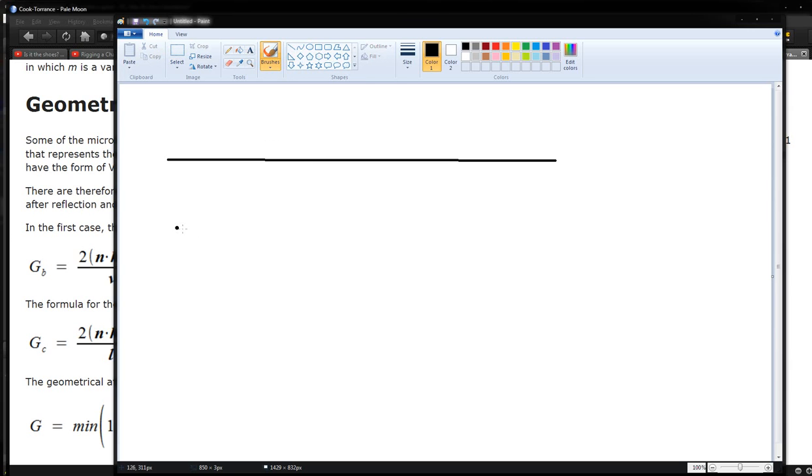But anyway, for roughness, the microfacets are modeled as these different size bumps, where some are larger, some are angular, some are wiggly, and some may be square. That's not how the roughness is modeled.